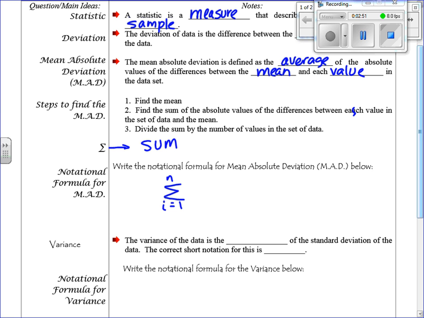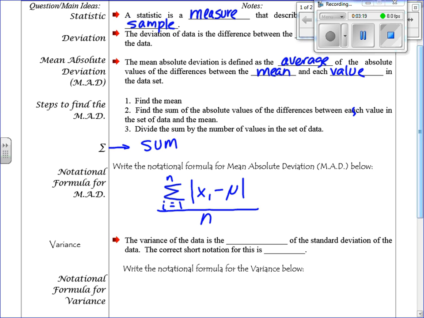I don't know how many values there are. And we're taking the sum of each x value minus the mean of the data set. That's what that mu means. You can see that on your formula sheet. It shows you what that little funny symbol means, all over n.